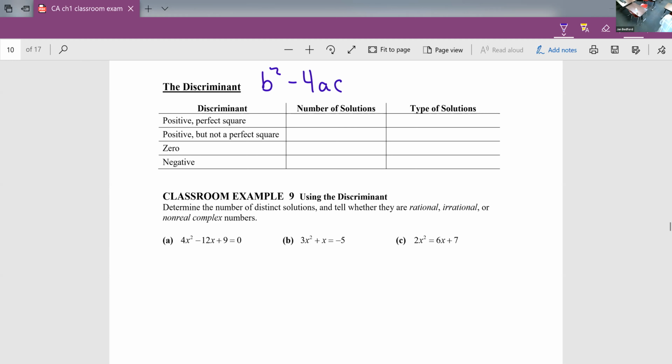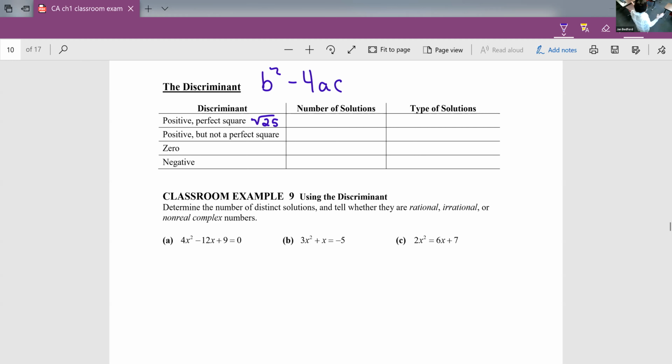Now, it's possible that the number underneath the radical is positive and a perfect square. An example of that might be the square root of 25. It's positive and it's a perfect square. Now, if I end up with something plus or minus the square root of 25, when I clean that up, will there still be a square root sign there? No, it's going to be something plus or minus 5, and then it's divided by whatever's in the denominator.